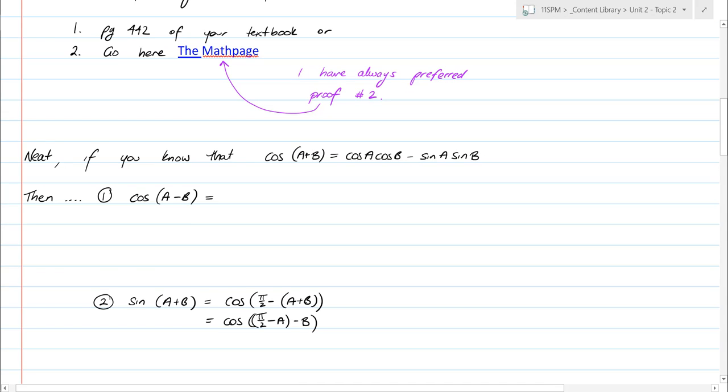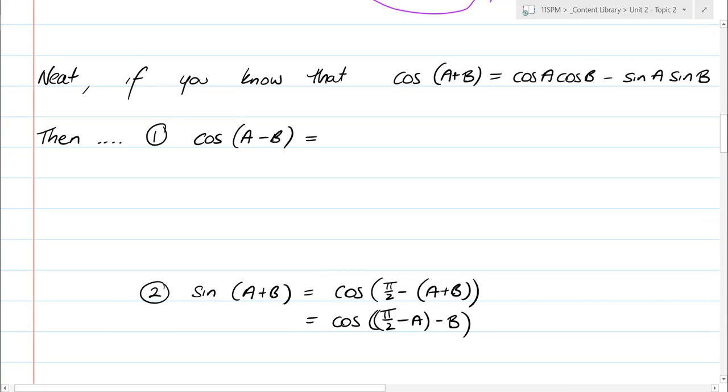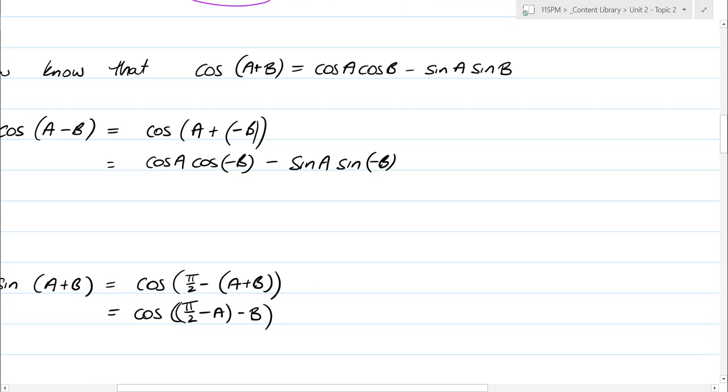If you know that cos of A plus B equals cos A cos B minus sin A sin B, then you also know these following things. Cos A minus B is equal to cos of A plus negative B, and that's equal to cos A cos negative B minus sin A sin of negative B. Now, there's a little bit of a trick here.